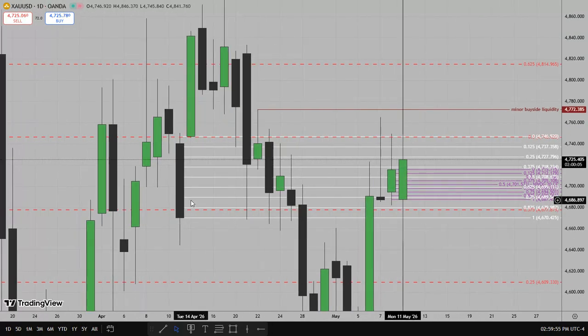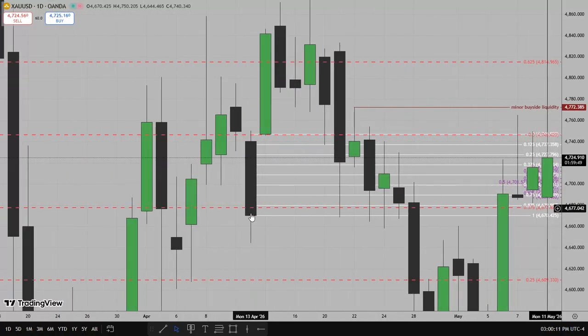So today I'll be going through the macros and overlaying them on top of PD arrays. So the PD array I'll be having is these here. If you can observe closely here, this is Monday 13th April.